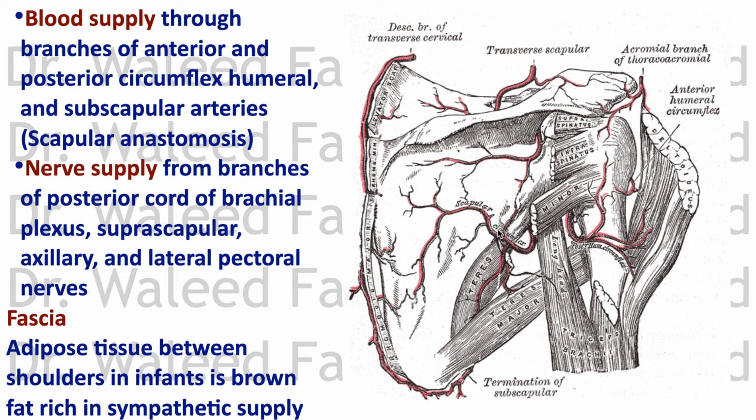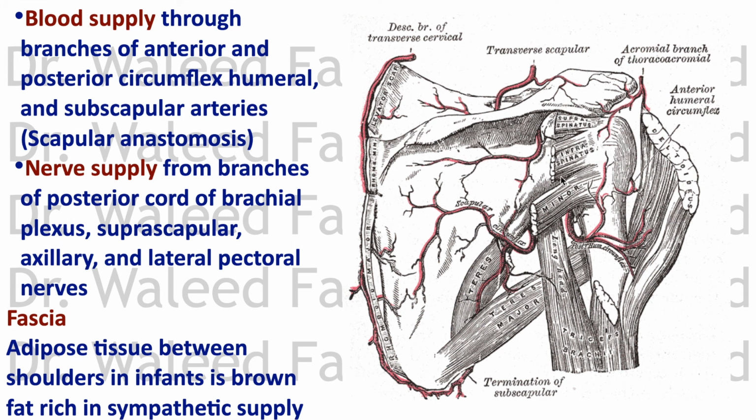Okay, all these share in the supply of the shoulder joint. The nerve supply of the shoulder joint is from branches of the posterior cord of the brachial plexus, the suprascapular nerve, the axillary nerve, and the lateral pectoral nerve.